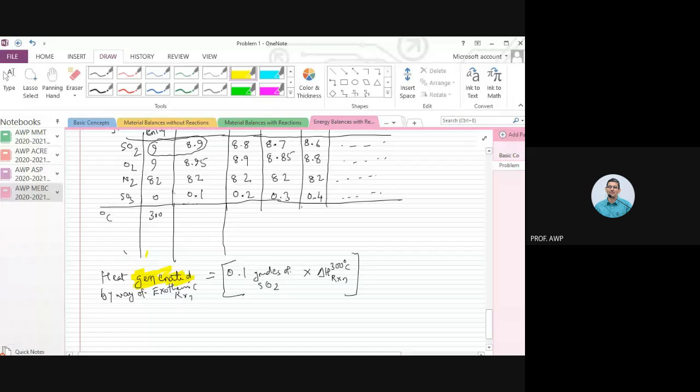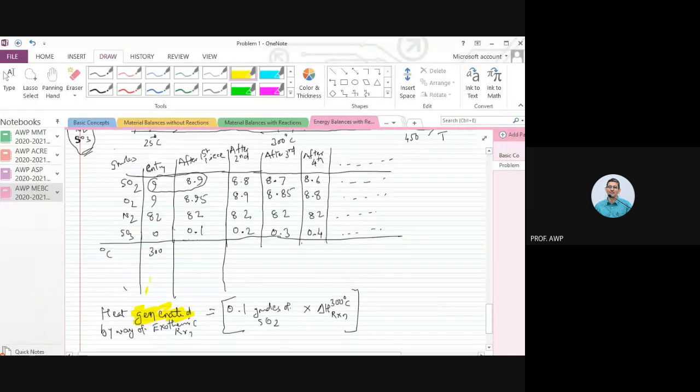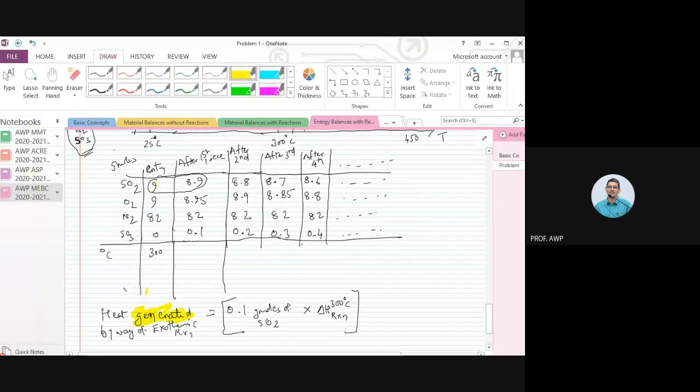So the outlet temperature would be more than 300 degrees centigrade. Let's just say it is 305 degrees centigrade. We don't know the actual value. Actual value will depend on the CP values. But let us just assume that it is 305 degrees centigrade. Why has it gone from 300 to 305? Because this much amount of heat is generated by way of exothermicity of the reaction.